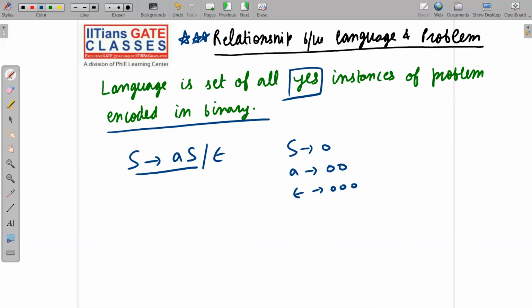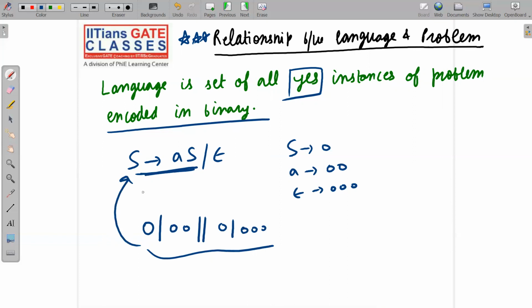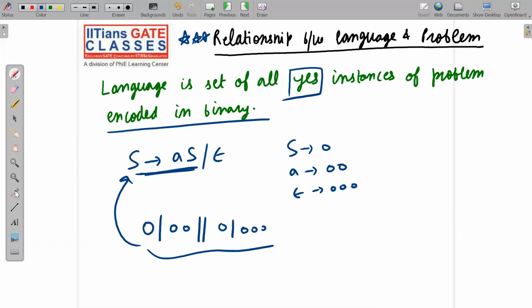So S implies AS: S, then one as a separator, then A as double zero, then one as a separator, then S. Once the move is over, you may apply double one. Your one production rule is over. Next is S implies null. S is zero, then one as a separator, then null is triple zero. That's it. So this is the binary encoding for this grammar. Again, I'm repeating, there is no fixed rule about how you convert it into binary. The main idea is that you can convert it into binary.